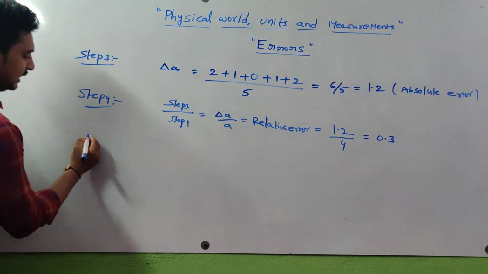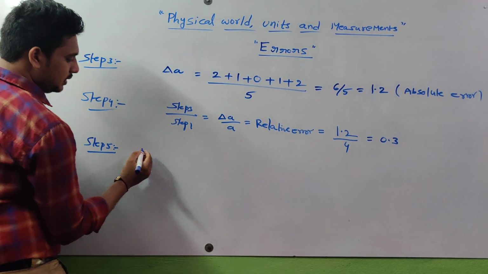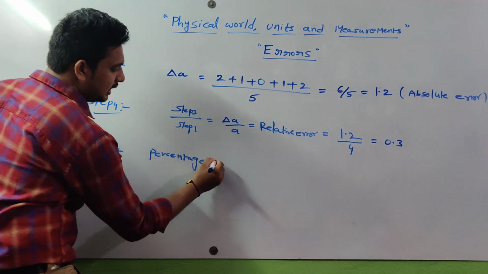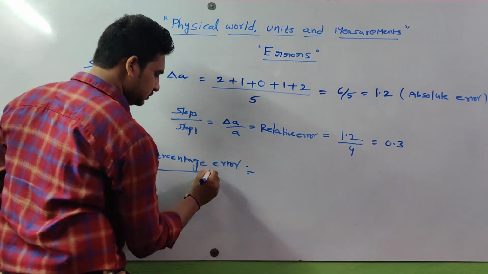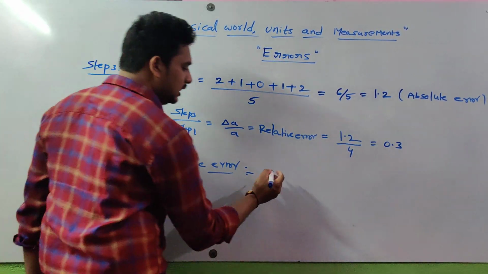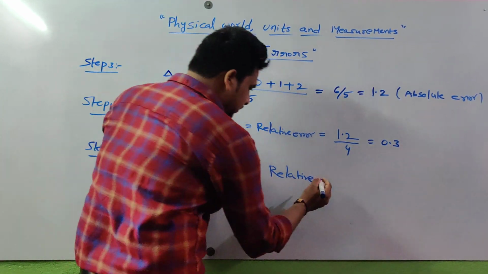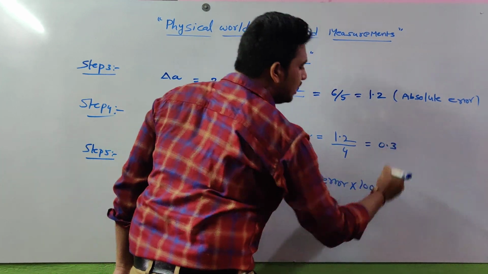Next, step 5: percentage error. So how to find the percentage error? Relative error into 100 gives the percentage error.